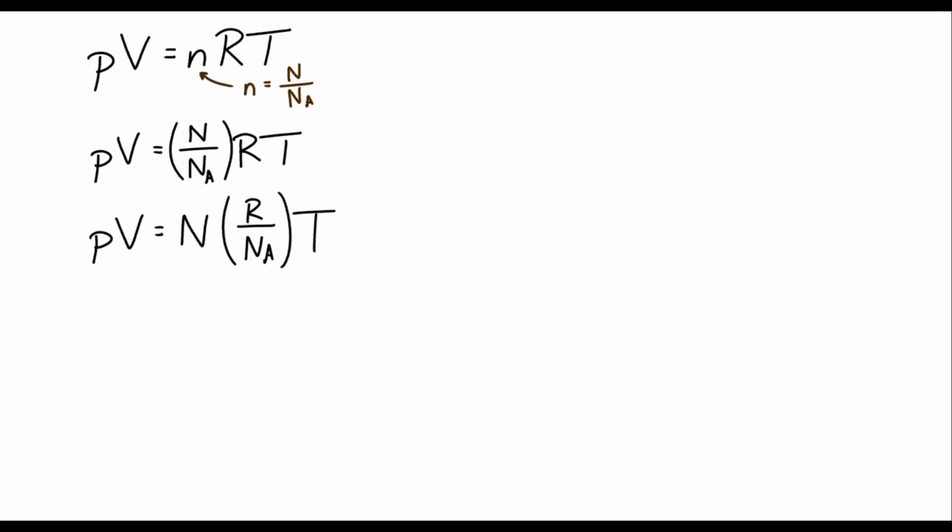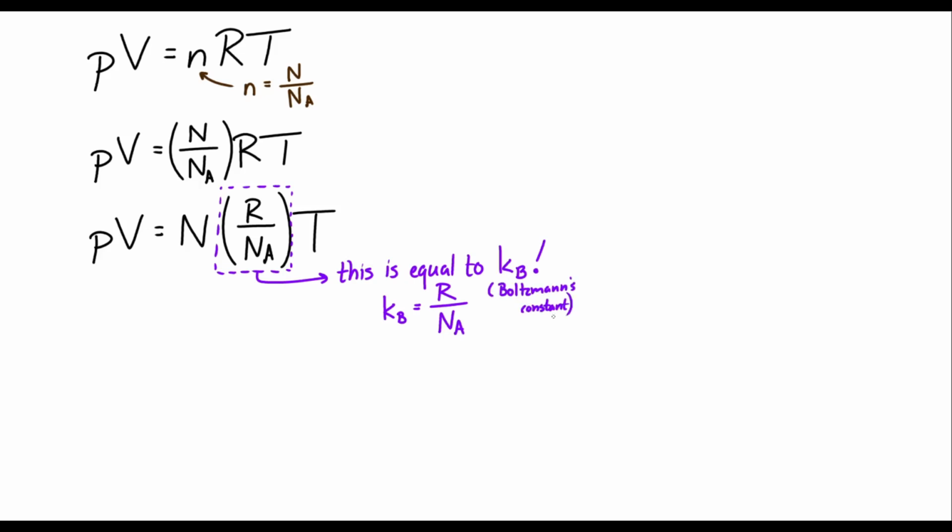And if we do that, this R over Avogadro's number, that's a constant divided by another constant. And it turns out that constant divided by that constant is another constant. It's Boltzmann's constant, which we just saw in that previous expression for the average kinetic energy of a molecule of an ideal gas. So Boltzmann's constant is equal to the ideal gas constant divided by Avogadro's number.